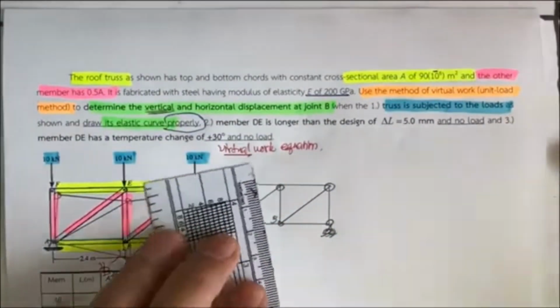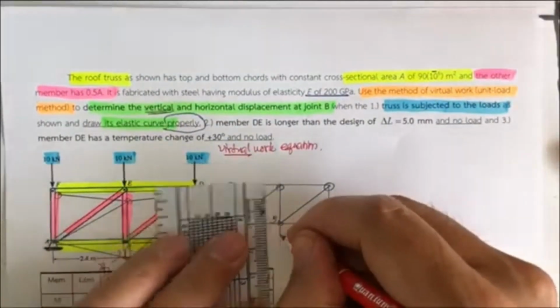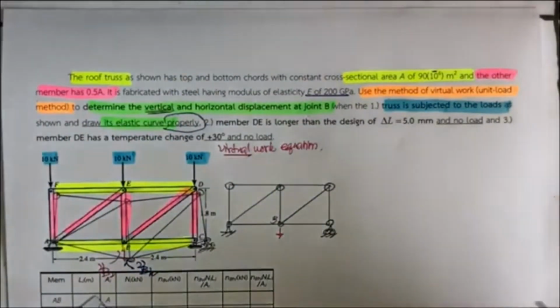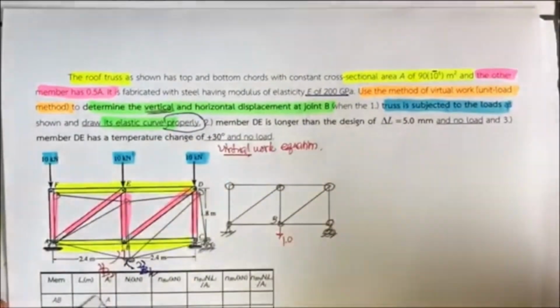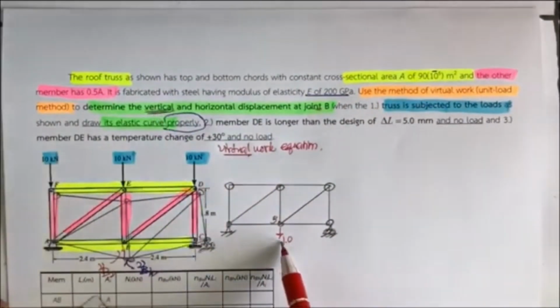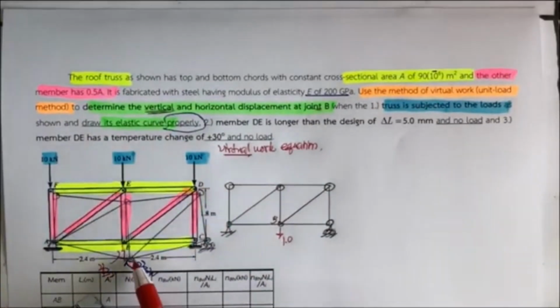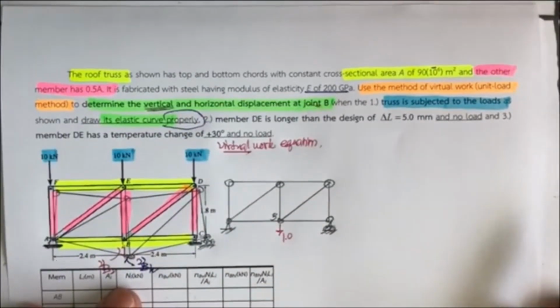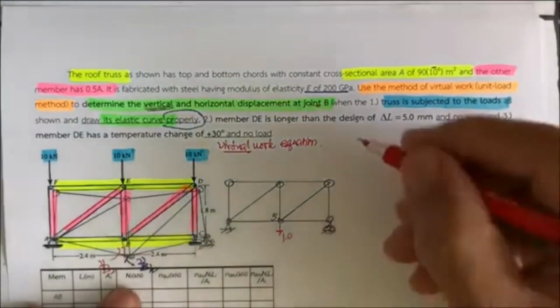If we would like to determine the vertical displacement, we put 1.0 unit at B to find the vertical. And I assume it's going to be downward, as I do the elastic curve. And we're going to have this 1 unit.